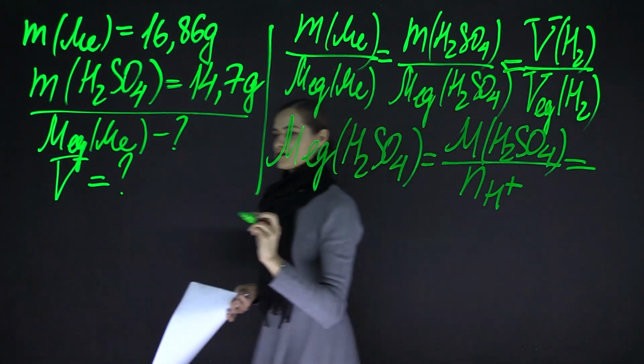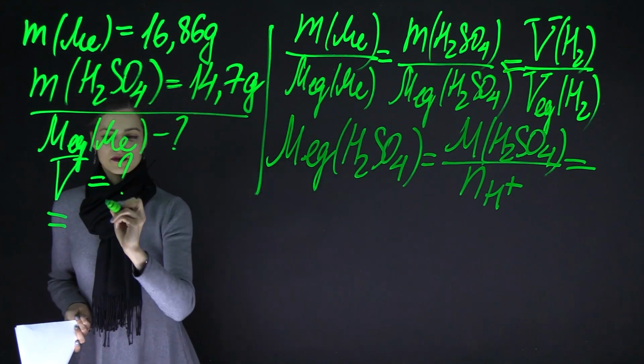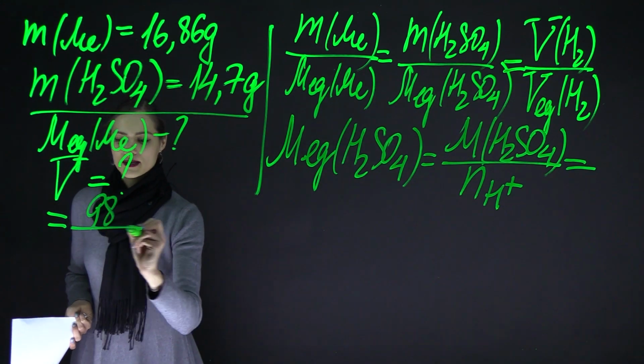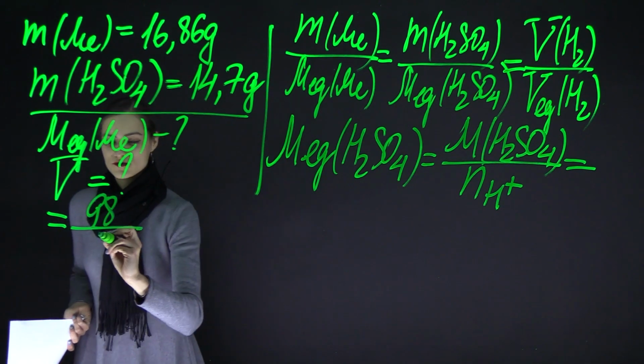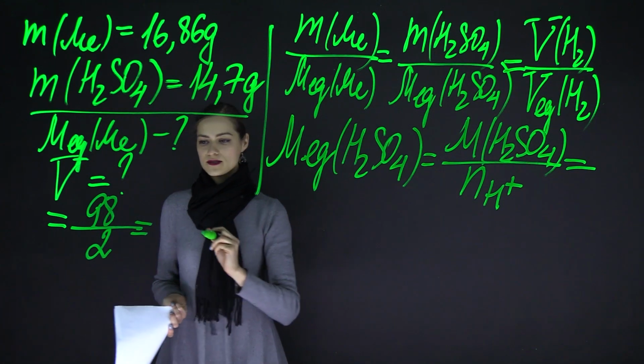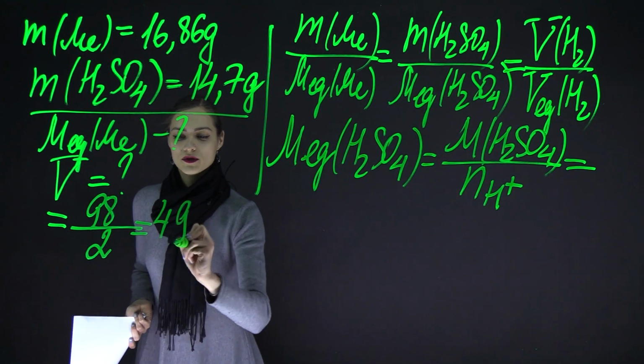So in this calculation we have a molar mass of acid of 98 grams, and we have just two cations of hydrogen in sulfuric acid, and in this situation it equals 49 grams.